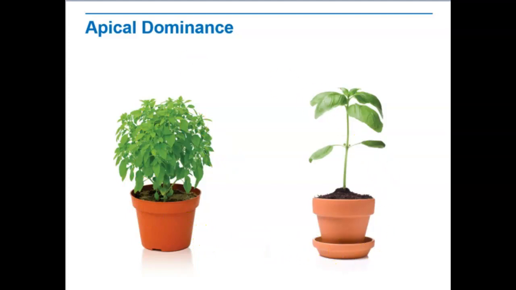These are both basil plants, right? But on this left one, they pinched off the apical meristem, and therefore we have a bushier plant. And if you're growing basil, obviously this is the preferable plant, right? Because you're going to have a higher yield of basil than in this one.